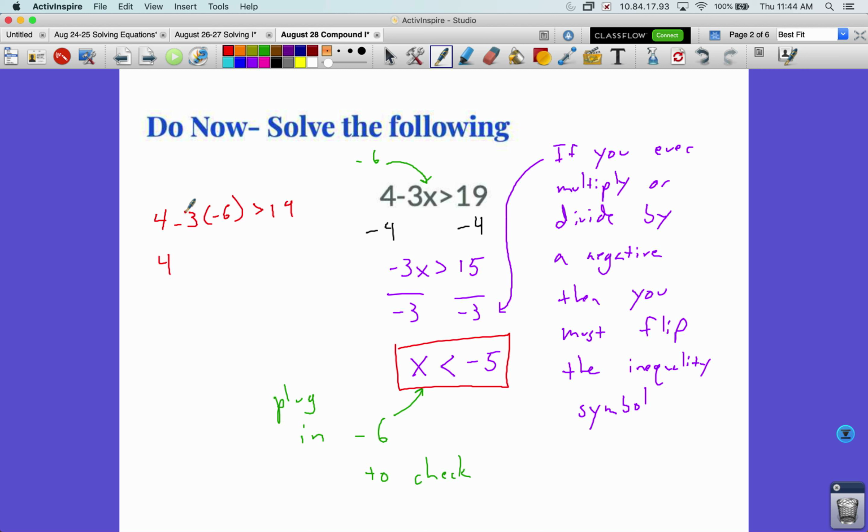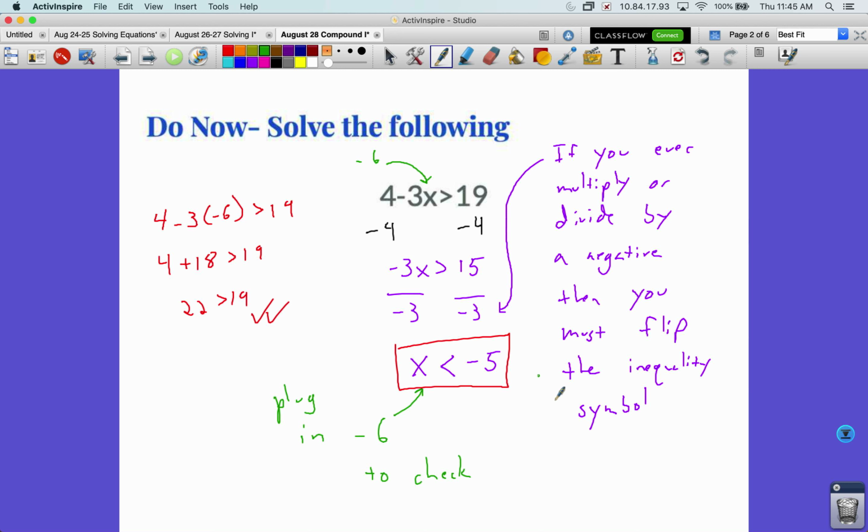This is a negative 3 times a negative 6, so that becomes a positive 18. And now we get 22 is greater than 19. That is true. The alligator is eating the bigger number here. So this is a double check of sorts. It doesn't prove it entirely. So there we go. We got a note about what we do if we ever multiply or divide by a negative in our notes, and a way to double check these.